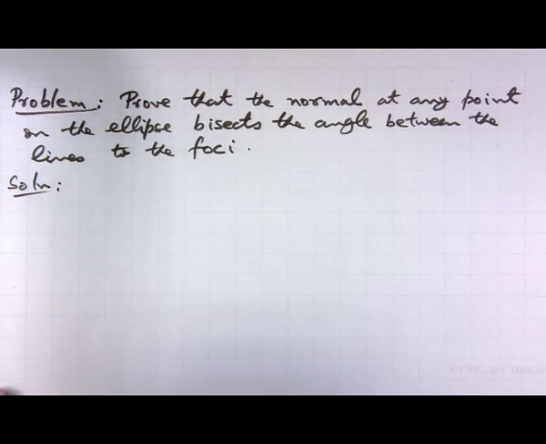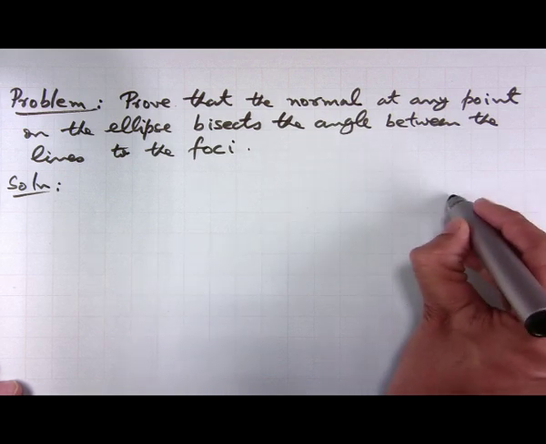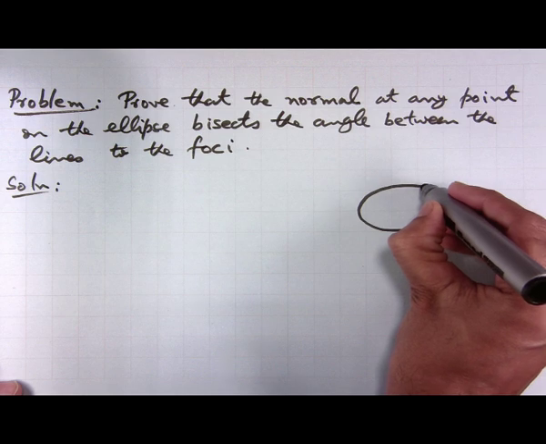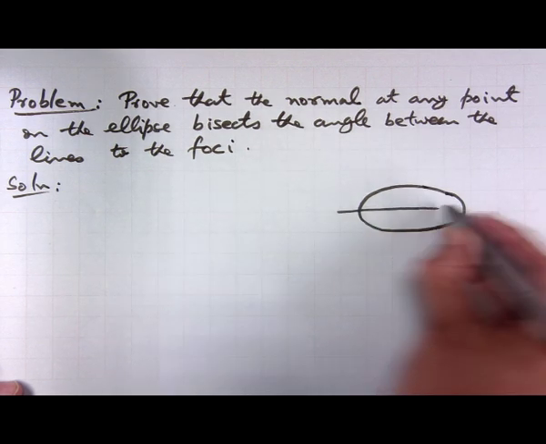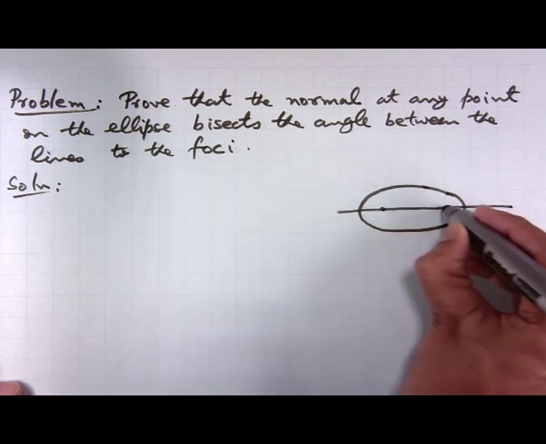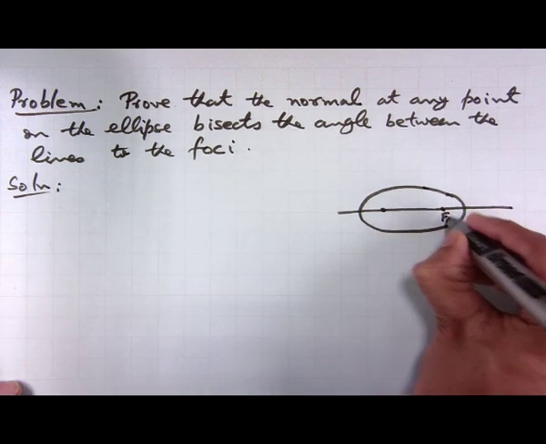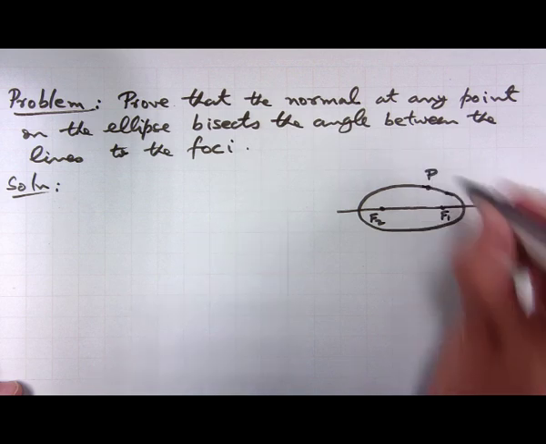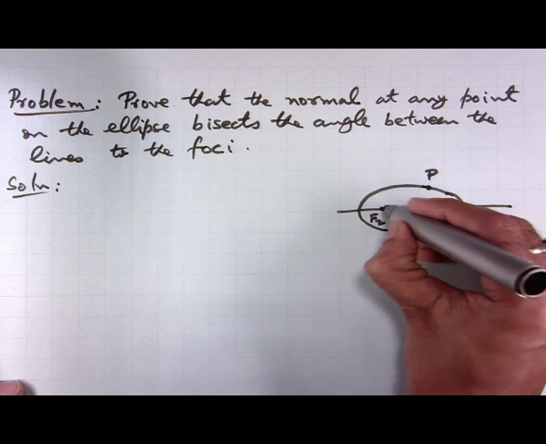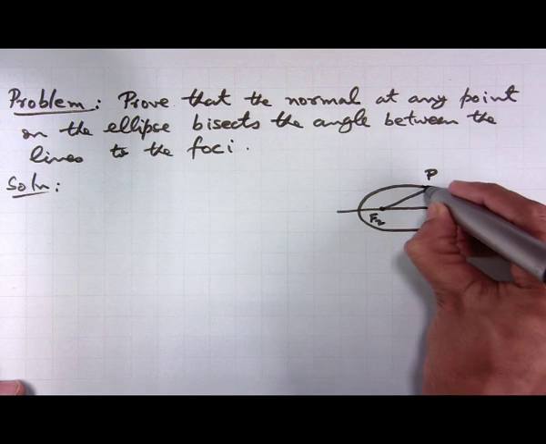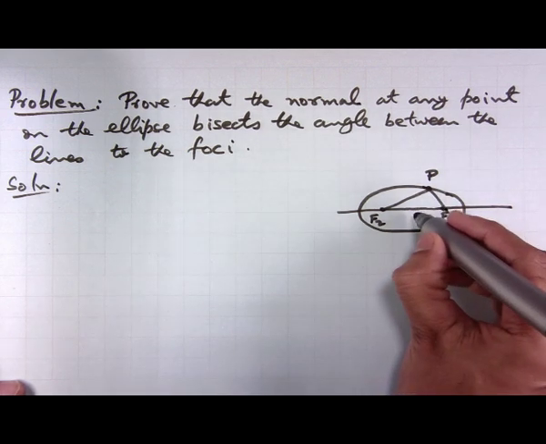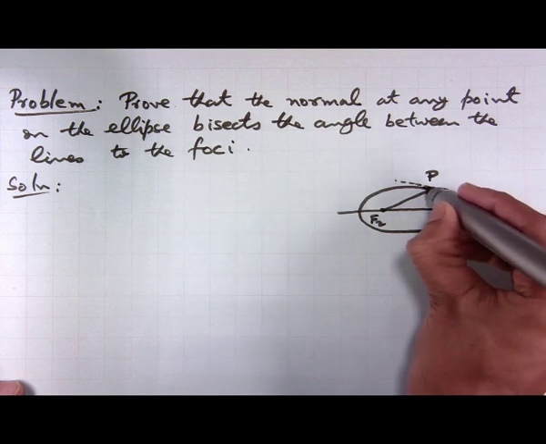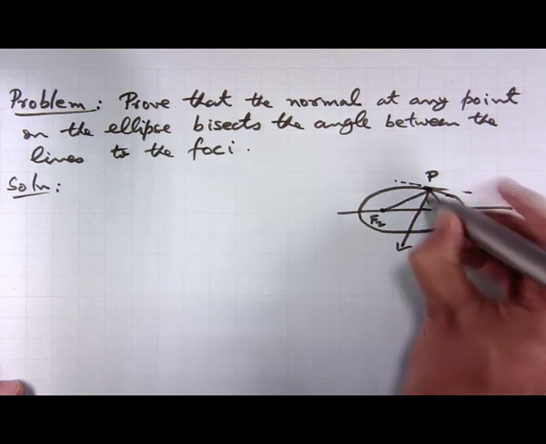So, let us draw a diagram. We have an ellipse and suppose there is a point P. There are two foci, let us call them F1 and F2, and suppose we take any point P on the ellipse and then we look at the line joining the foci to this point P. What we have to prove is that the normal at this point P, this is the normal line, bisects the angle.